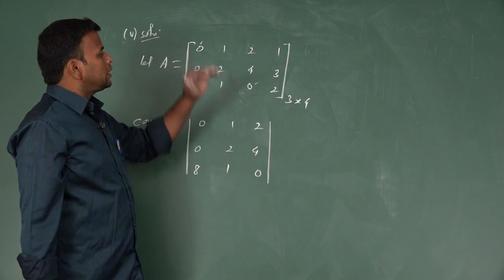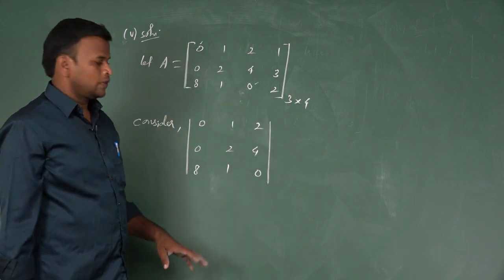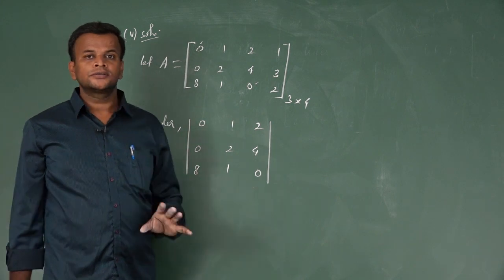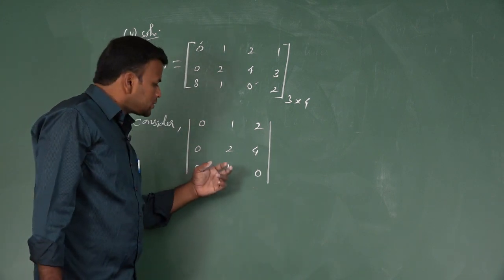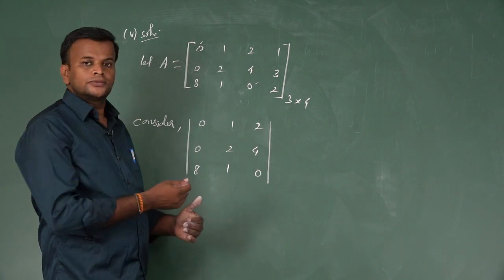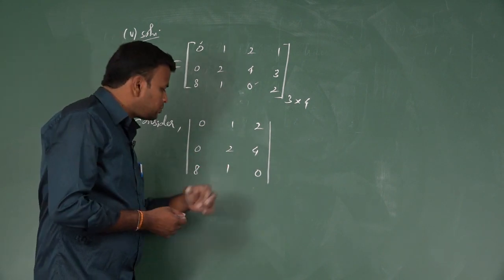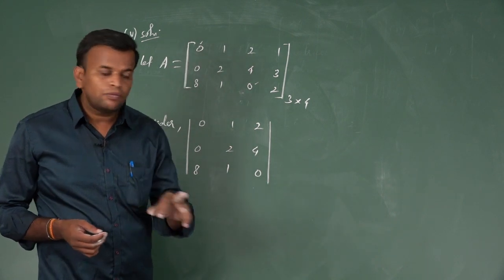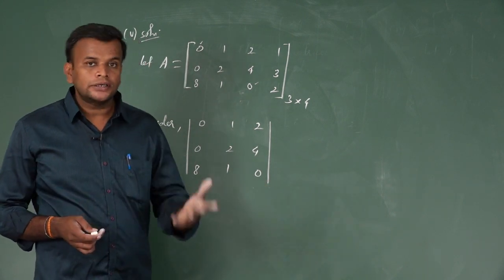You can take any rows or any columns. So the next step is to find the value of this determinant. Suppose it is 0, then we try 2 by 2. Suppose this determinant is non-zero, we come to the conclusion that the rank is 3, because its order is 3 by 3.